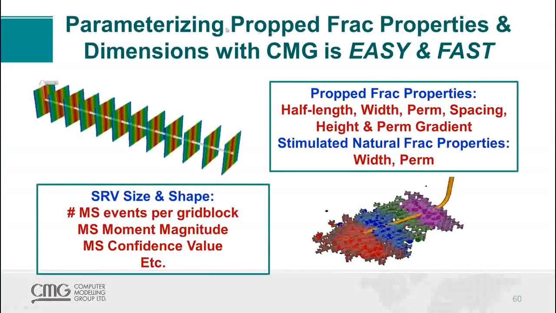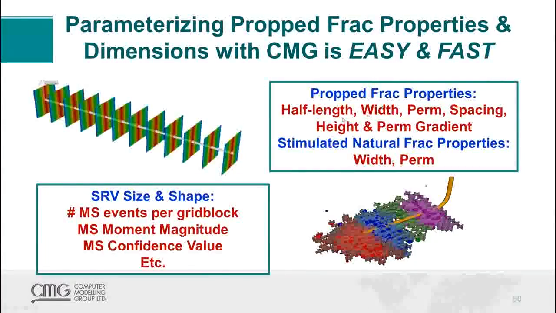Here's a slide that really summarizes it. It's one thing to be able to design a base case model with the right gridding to represent transient flow, but it's another thing to have a tool like CMOS that can let you parameterize dozens of important variables, give each of those variables a range of values, whether they're continuous or discrete variables, and then let CMOS go through the process of telling you which one of those are most important and what the probable values are for those parameters.